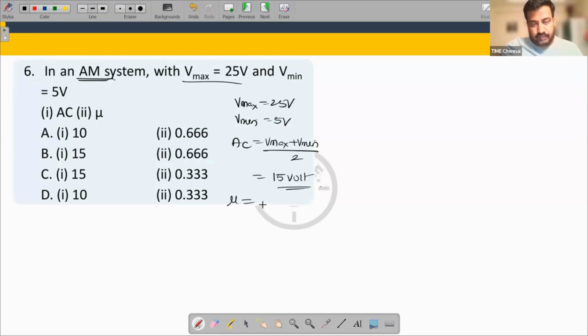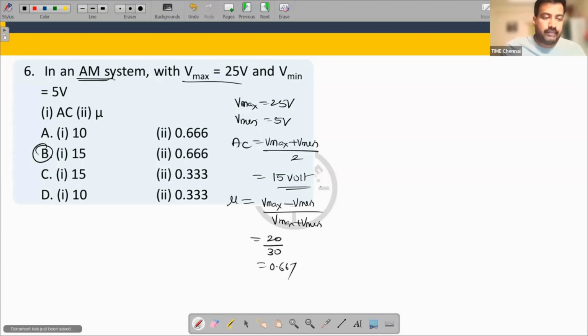Mu is Vmax minus Vmin by Vmax plus Vmin, 20 by 30, which is 66.67%.